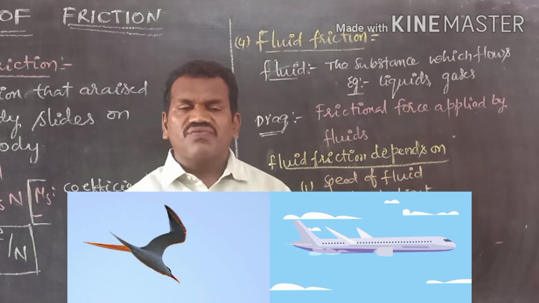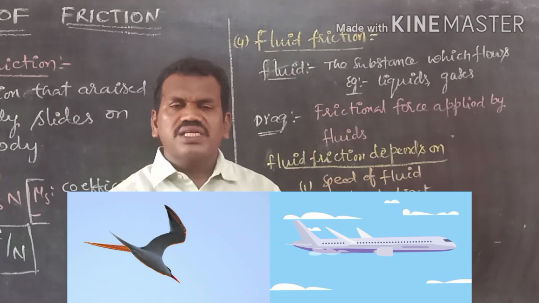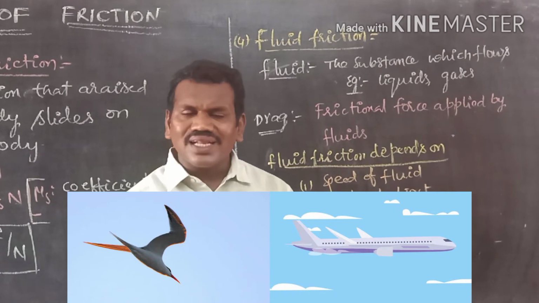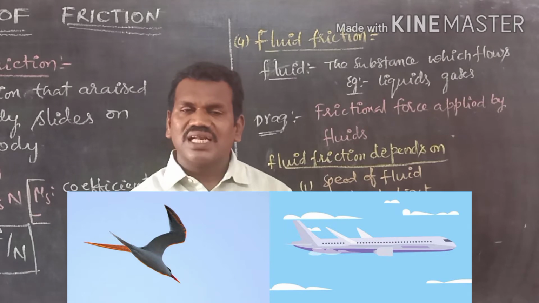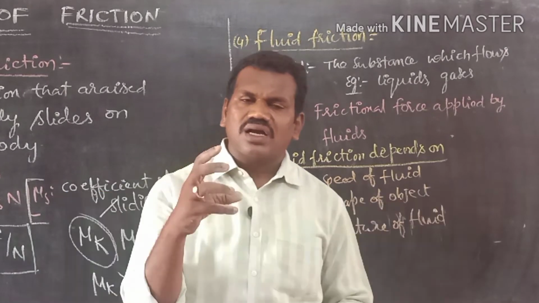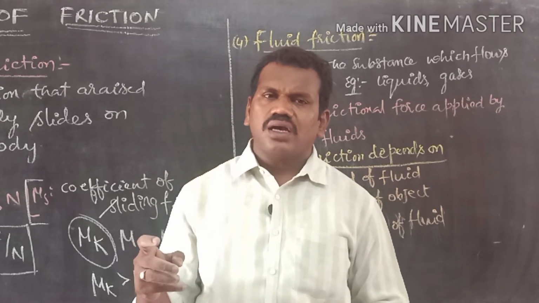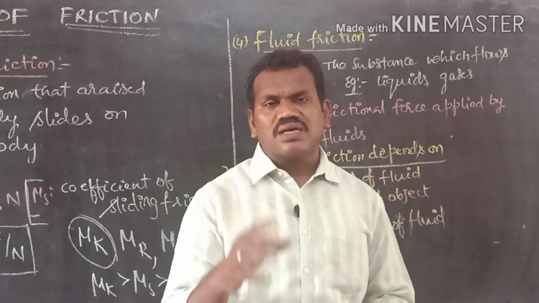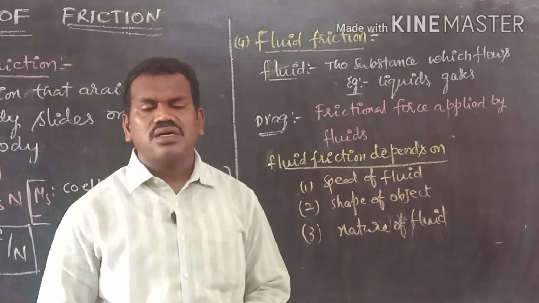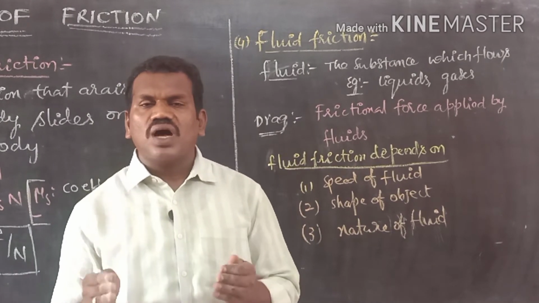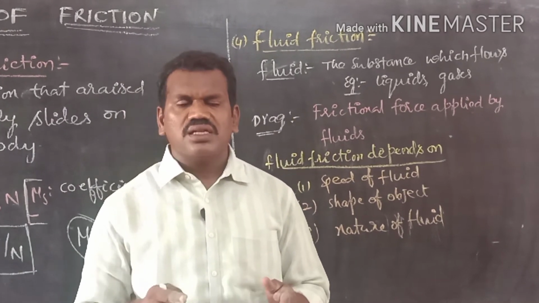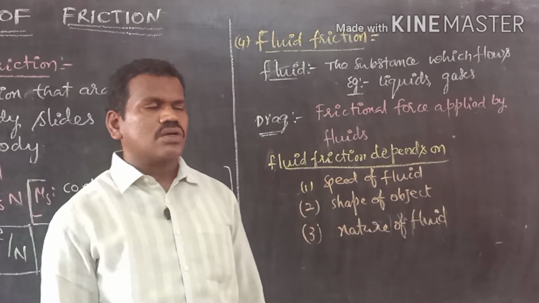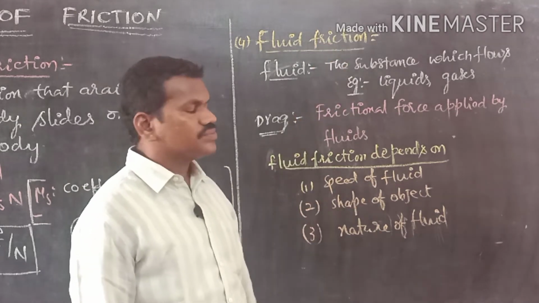Because of the frictional force between the glass tumbler layers and the water layers. There is a certain amount of force applied by the water on the walls of the tumbler, so the water comes to rest. Such forces are called fluid friction.